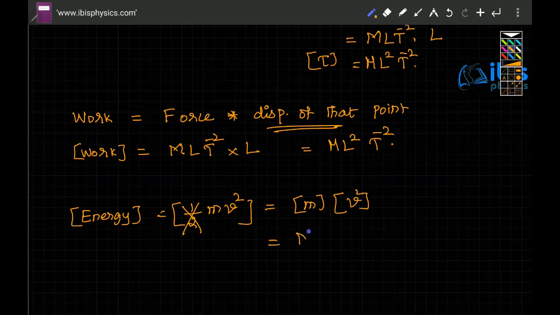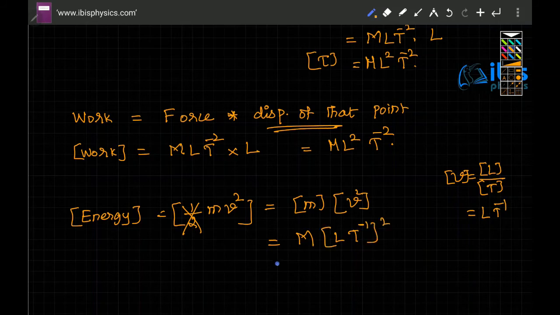Mass is M, velocity is displacement by time, so it is a measure of length by a measure of time, which is L by T, that is L T power minus 1. So L T power minus 1 whole square. So it is M L square T power minus 2.